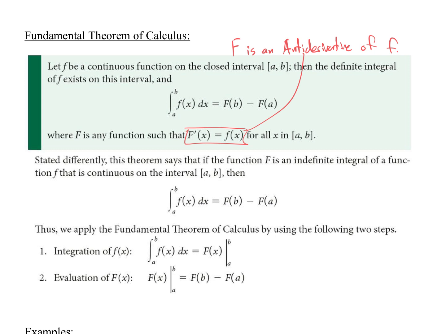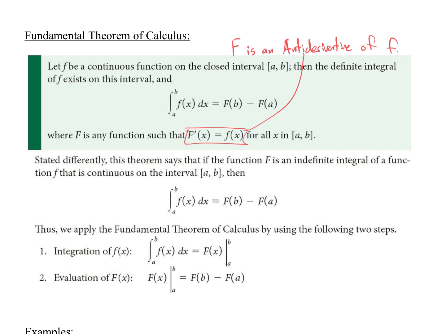All right, so that is how we compute the area under a curve from a to b. You find an antiderivative of the original function, that would be capital F. Once you've figured out this antiderivative, you plug in the two endpoints, these two limits of integration, and then subtract them from each other, of course starting with b and then subtracting off capital F of a.